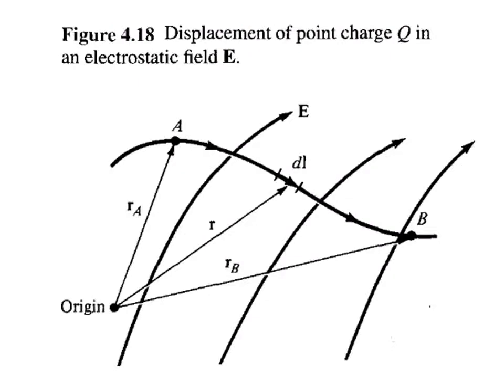As we can see in figure 4.18, the displacement of point charge Q in an electrical field, let's suppose we have point A and point B, the vectors A and B, in an electrical field E on a line. We can see dl is the resultant vector, and we have the radii RA and RB of these vectors.